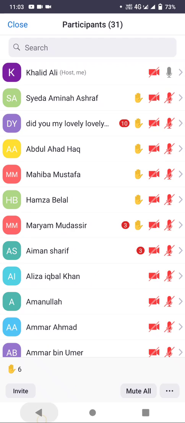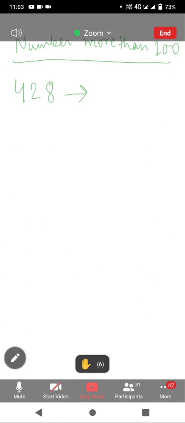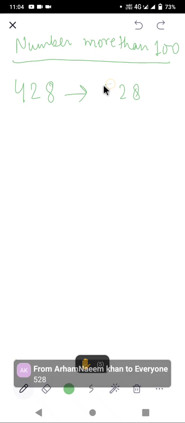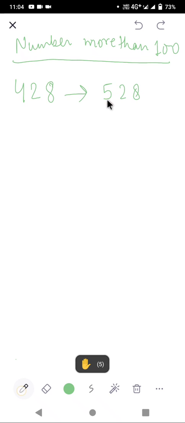Yes, very good. 528. The tens place and ones place digits will remain the same. At the ones place 8 will be written and at the tens place 2. What will change? Only the hundreds place digit. It is 4, and 4 plus 1 is 5.